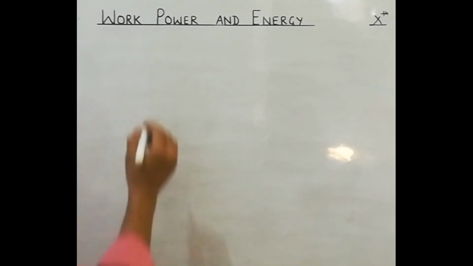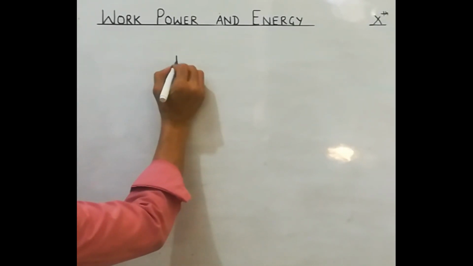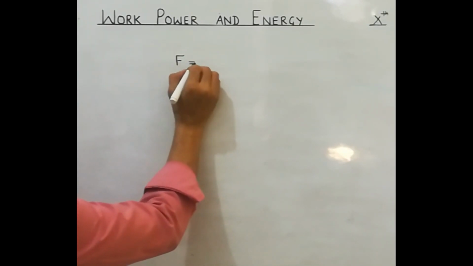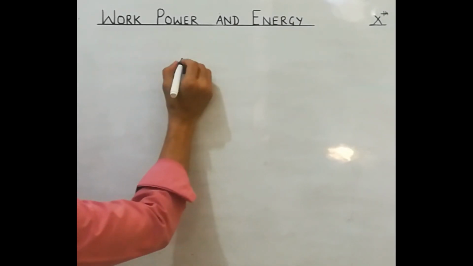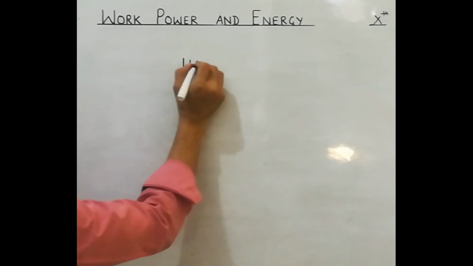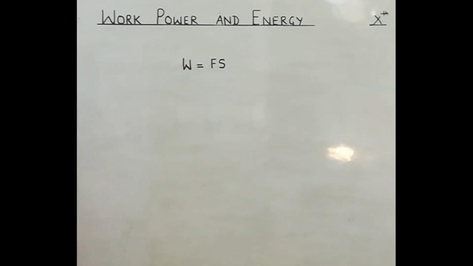Now, the formula for work done. We can write work is equal to force times displacement, W = Fs.